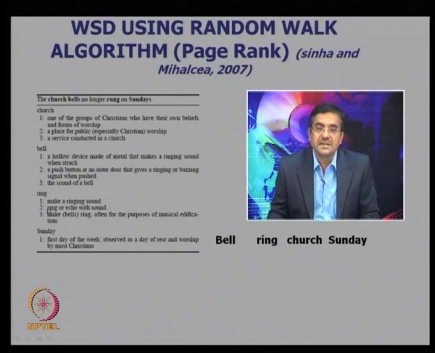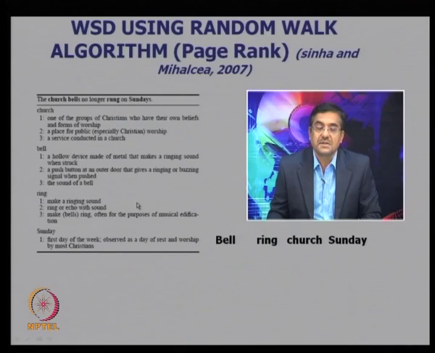Ring also has 3 senses: make a ringing sound, ring or echo with sound, make bells ring, often for the purpose of musical edification. Here the first sense is applicable, make a ringing sound. Sunday is another content word. This is the first day of the week, observed as a day of rest and worship by most Christians. Sunday has just one sense.